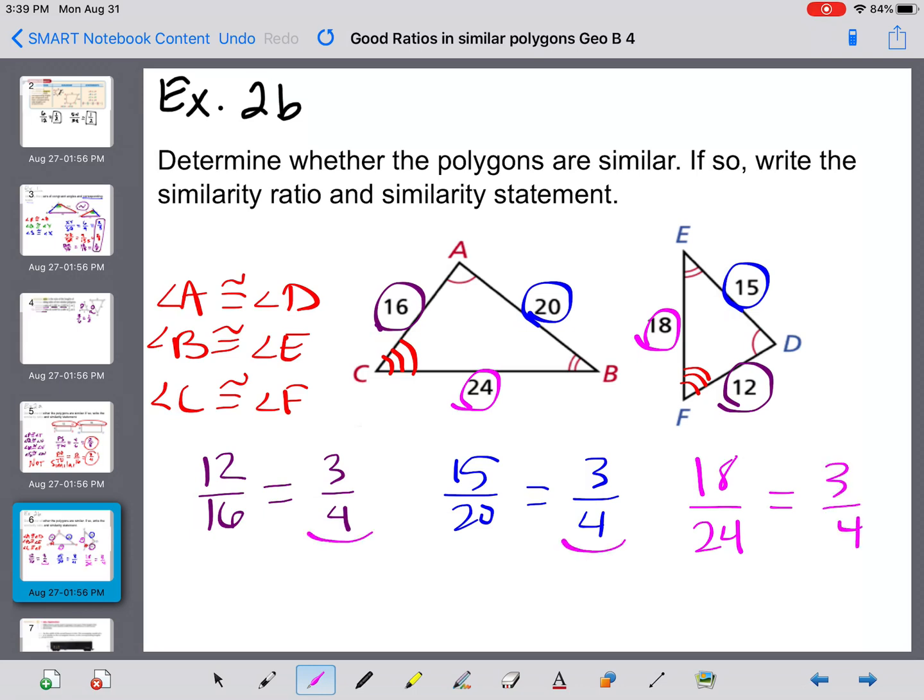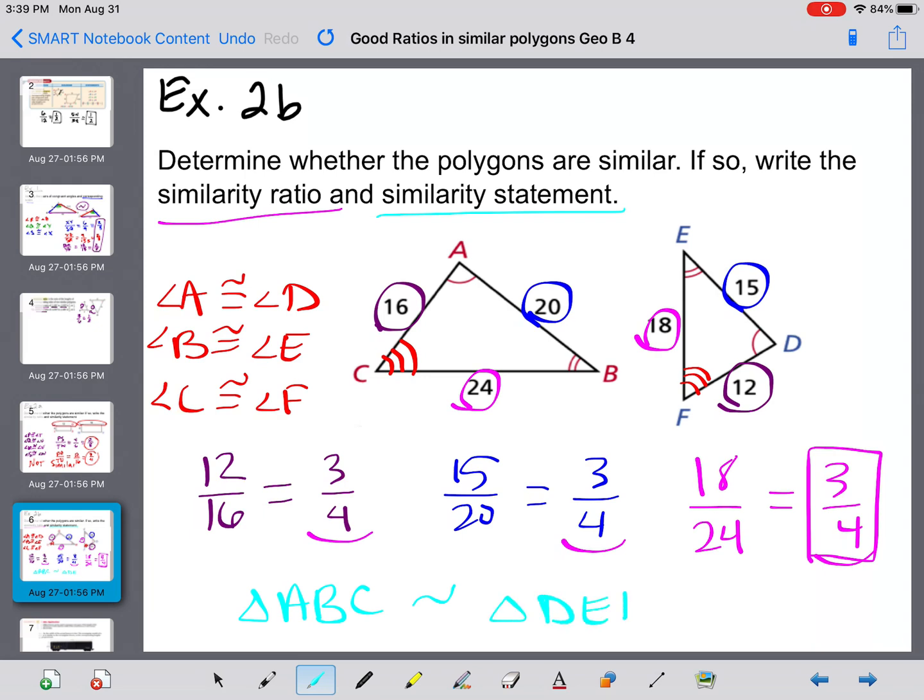So all three sides are proportional. So our similarity ratio is 3/4. And our similarity statement is saying that triangle ABC is similar to triangle DEF.